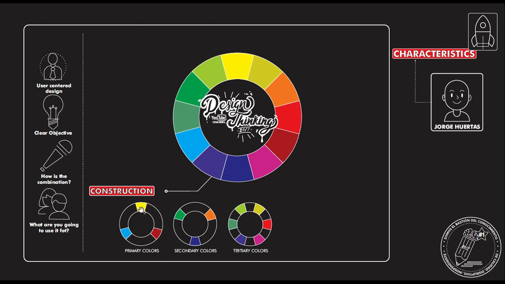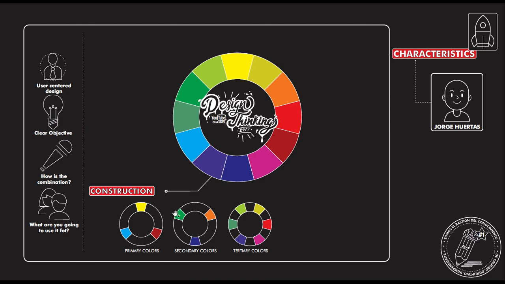When you combine yellow with red, you obtain orange. When you combine yellow with blue, you obtain green. And when you combine blue with red, you obtain purple. Those are the secondary colors.